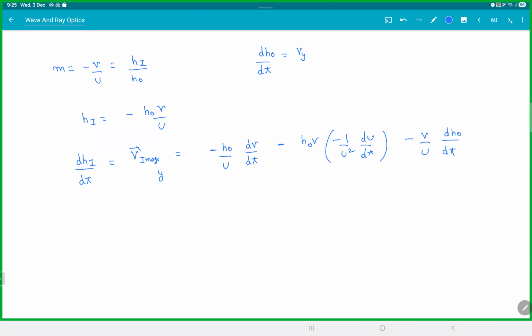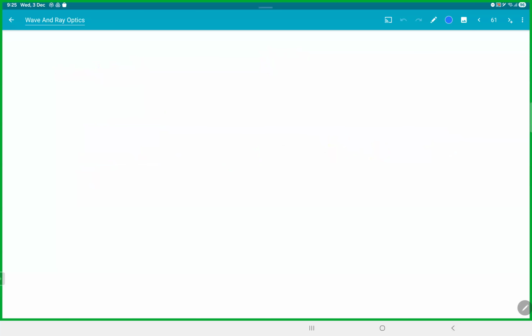And don't mug up the formula, getting it? Because you'll not be so lucky every time. In mains, generally it's not an issue, but in advanced they'll do something like this. Let's say this is R, and this is R, 20 centimeters, and they'll say refractive index mu is equal to 2 plus t square. The refractive index of the lens is changing. Object is here, and this distance is 3r.